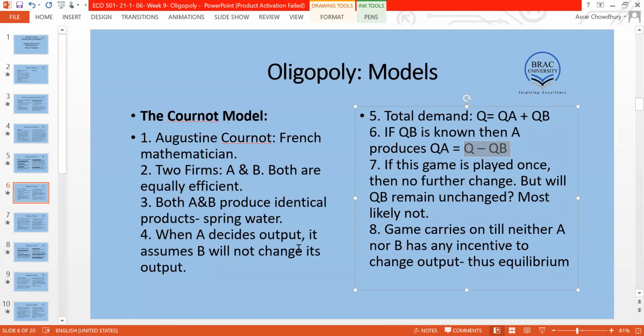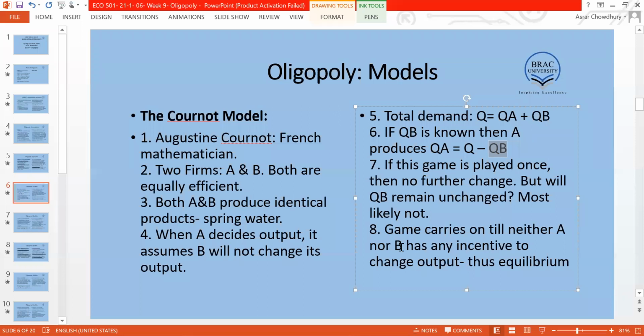But if both of them are supplying every day, can we assume that QB will remain unchanged every time? No, sir. Correct. So what happens if the game carries on again and again?